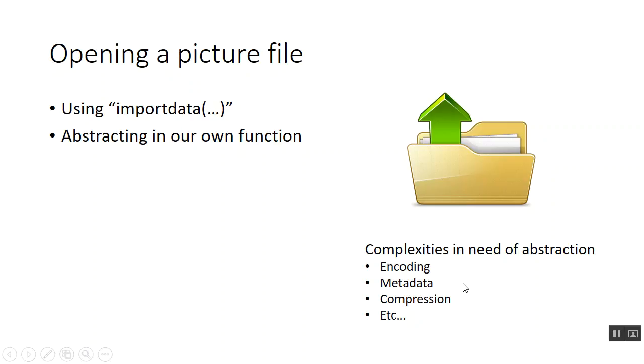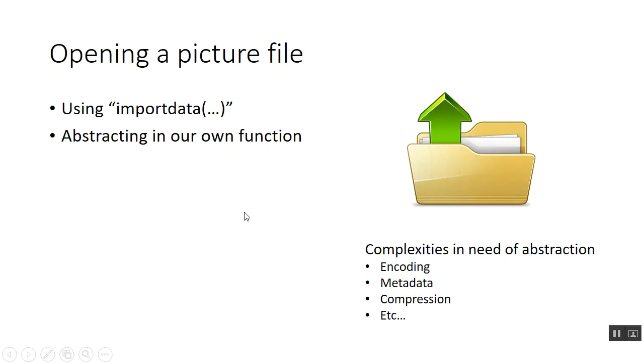It might have tags on it, maybe even parts like what the shutter speed was, things like that, metadata that we want to ignore because we just want the data. Then there's compression standards that make it smaller and easier to throw around that we also need to decompress from.